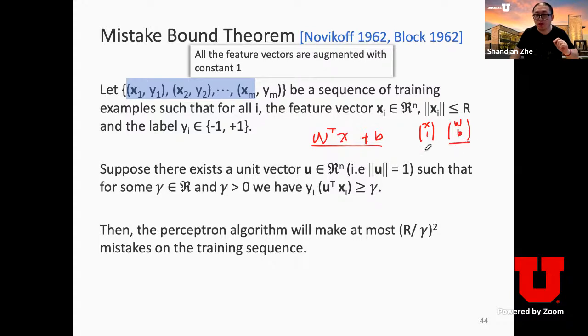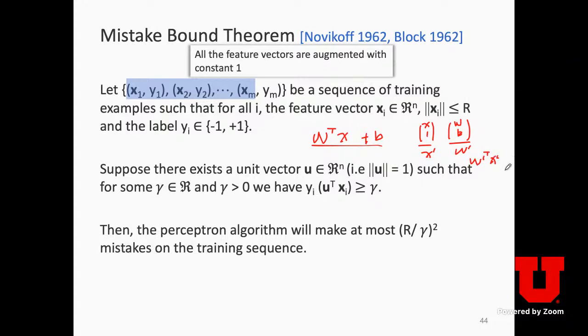So we can redefine these two augmented vectors as some new weight vector and some new feature vector, right? In this way, we can write the classification function simply as W prime transpose X prime.